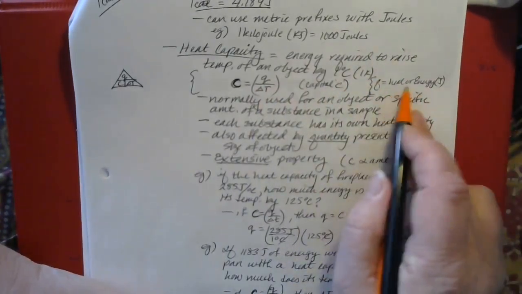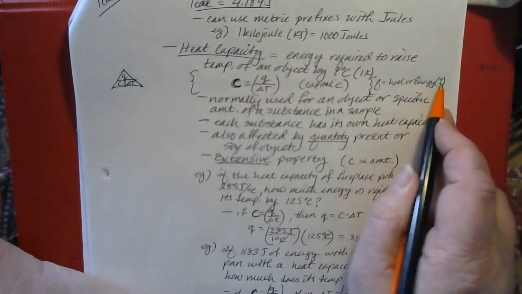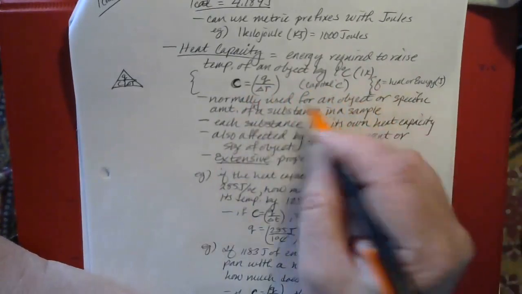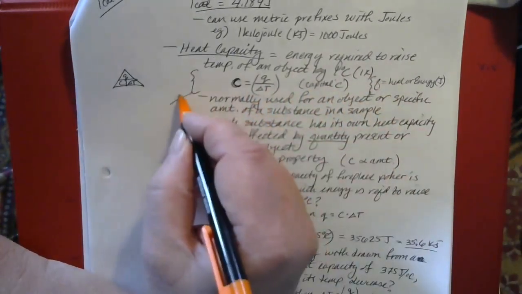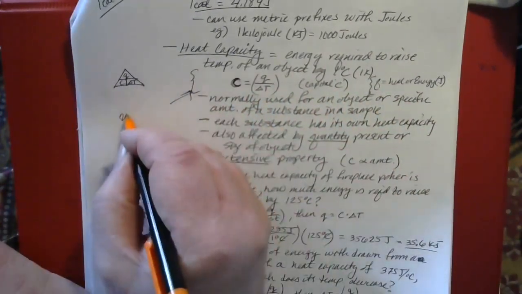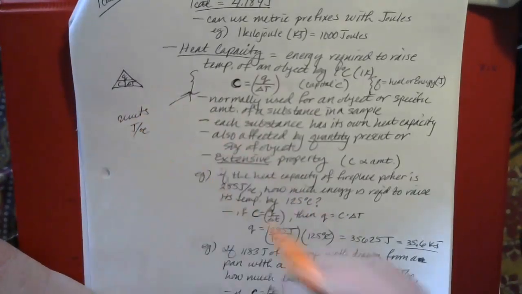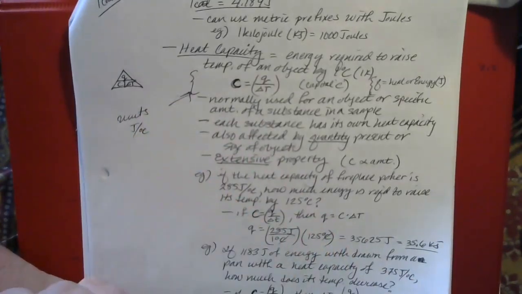Q is the heat or the energy in joules. Delta T is the temperature change, usually in degrees Celsius. And so the units would normally be joules per degree Celsius.